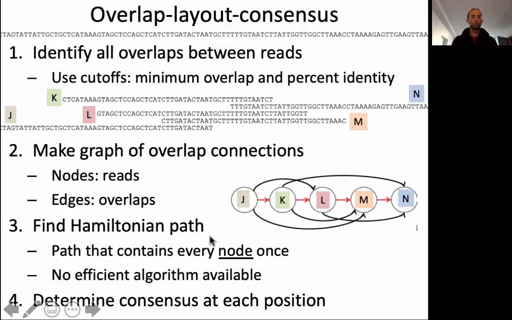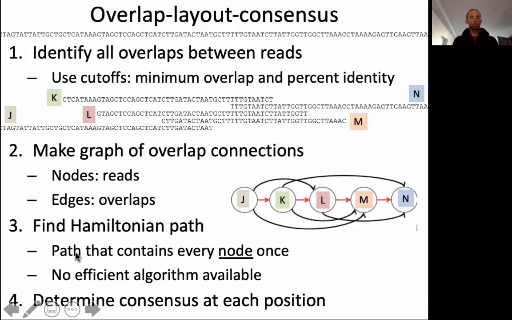It's so-called NP-complete. This means that very large graphs with many nodes, such as those potentially derived from high throughput next generation sequencing data sets, are extremely computationally intensive to resolve. There's no efficient algorithm available, and this is what makes overlap layout consensus less suitable for data sets with very large numbers of sequencing reads.